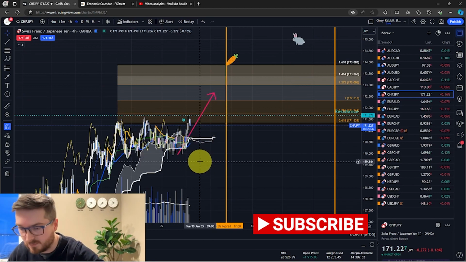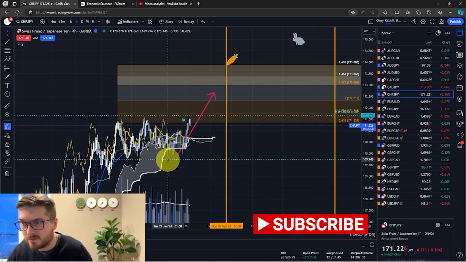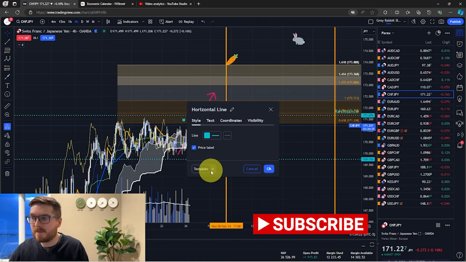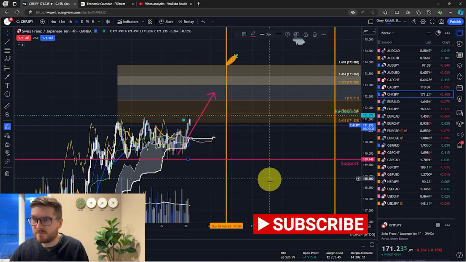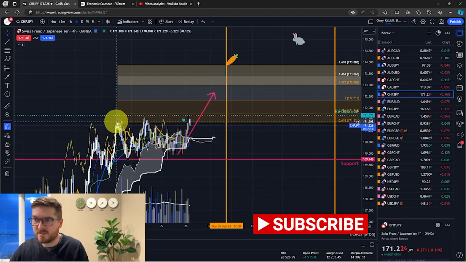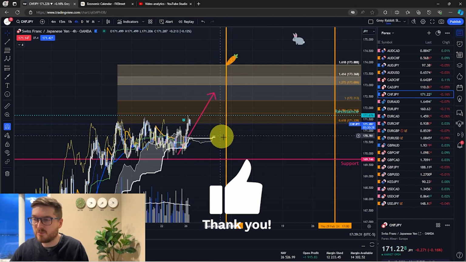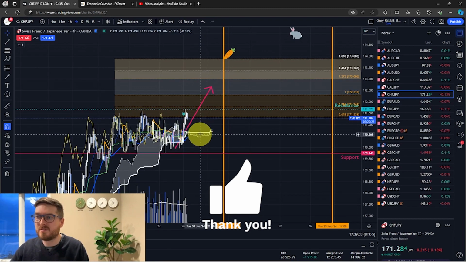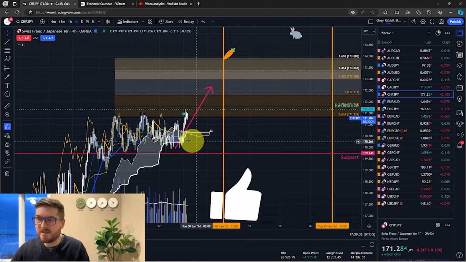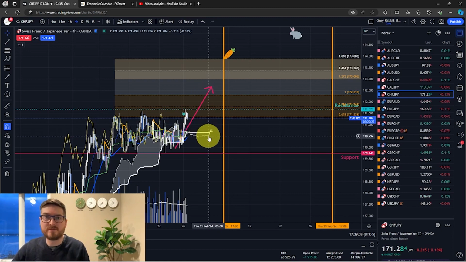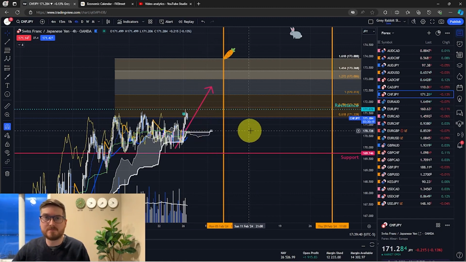Let me put in my support line. So here's the support line. We're stuck in between this range, and we have a bunch of overlapping Chikou spans, which is the yellow line. We have twisting Kumo clouds, right? So on the 4-hour chart, this is not a stable enough trend to enter the market.